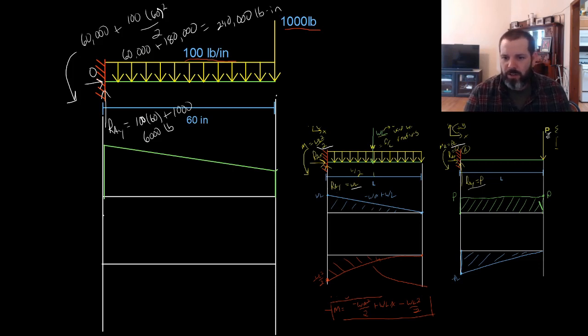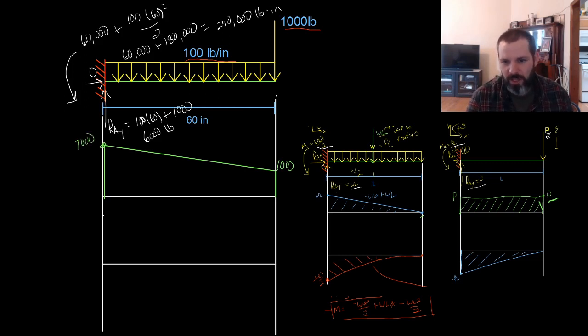Where the uniform load ends at 0, the point load ends at P. The end of this diagram is going to be the value of the point load, which is 1,000. This point up here is going to be the 1,000 plus W times L, which is 6,000. This will be 7,000.